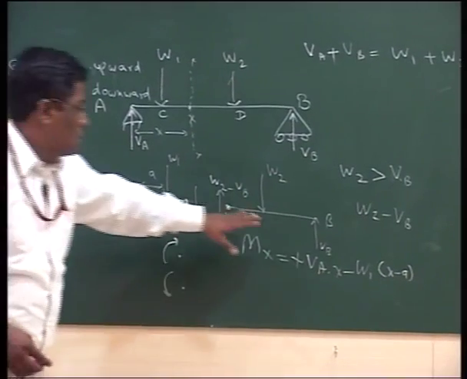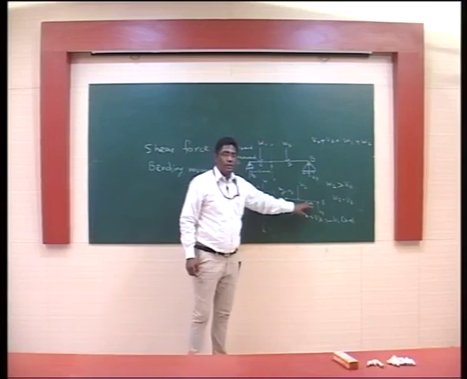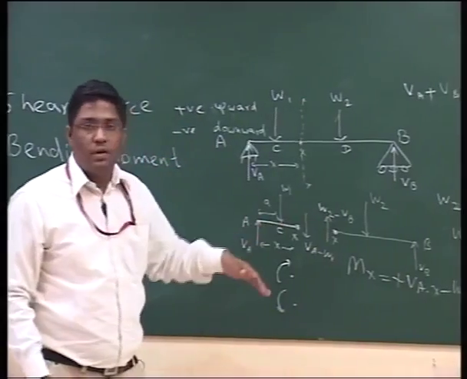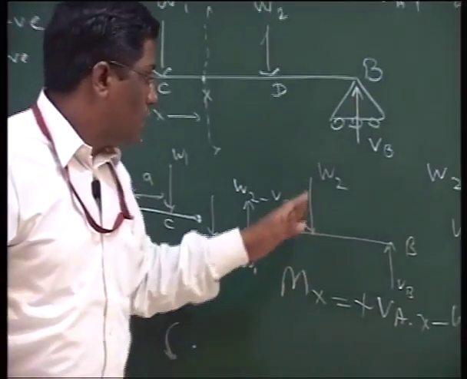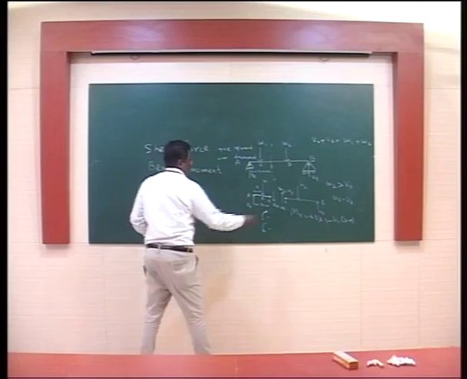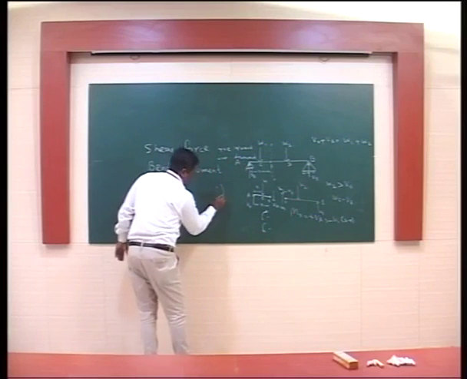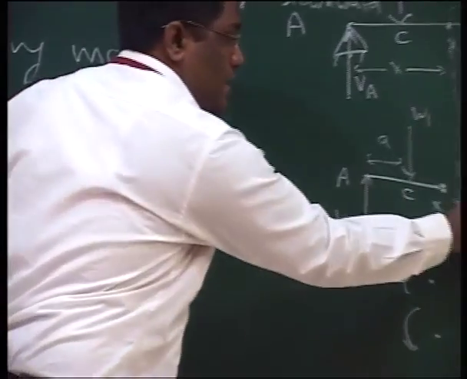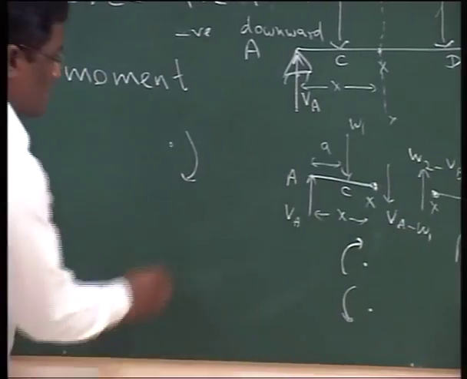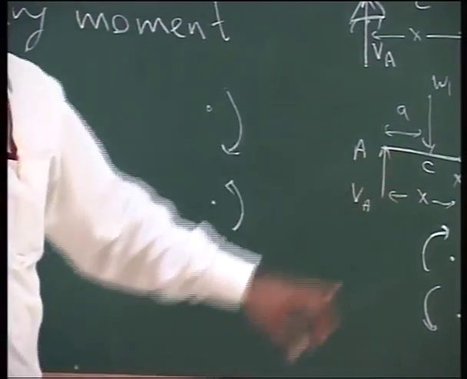Now we talk about the second part. In this particular part, as we already know that W2 is greater than VB, that means the direction of the moment caused by W2 on the point x will be this, whereas the tendency due to VB will be this.